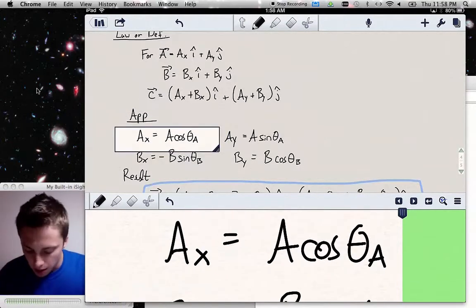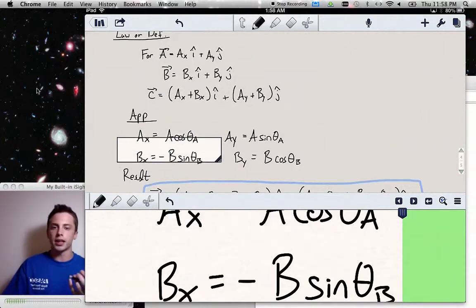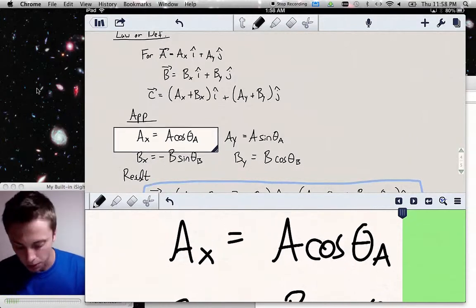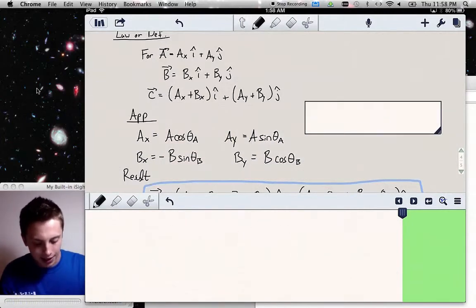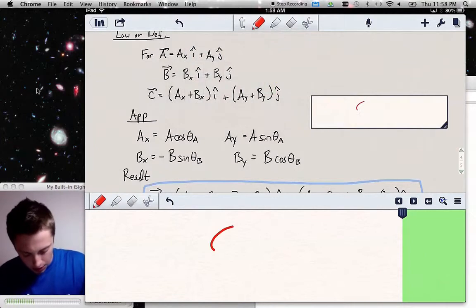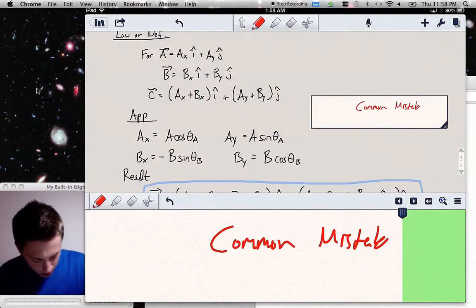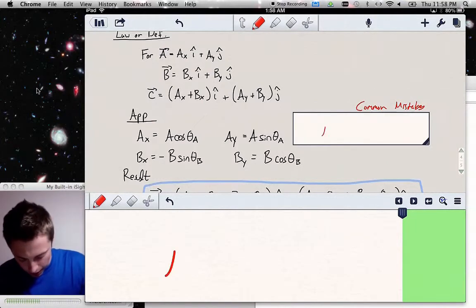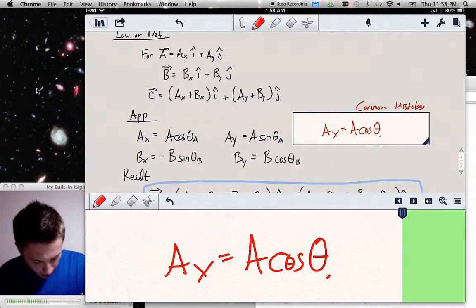Okay, so the application part of this problem, we have to then write A_x and A_y, the x and y components of the vector, all right? Common mistakes. I'll put these in red. People write A_x is equal to A cosine theta i.